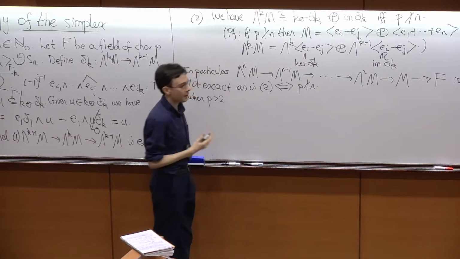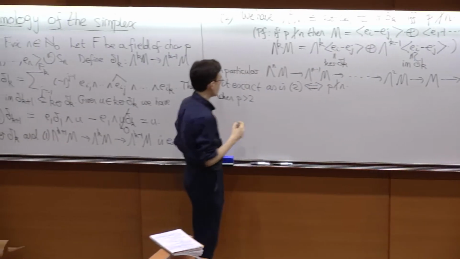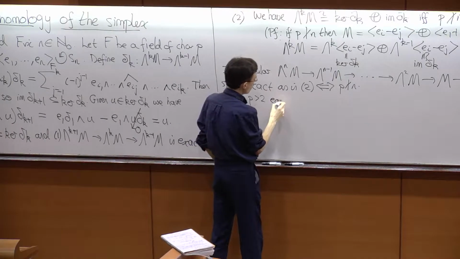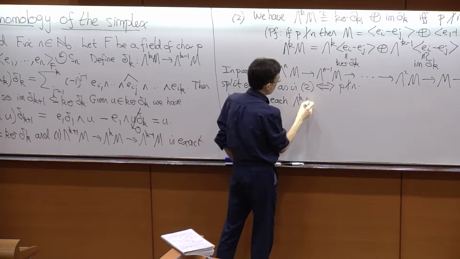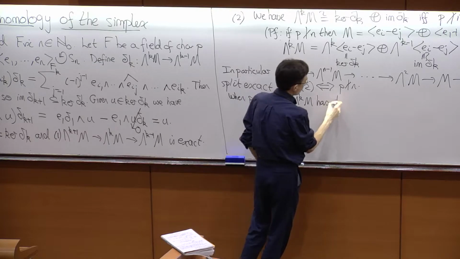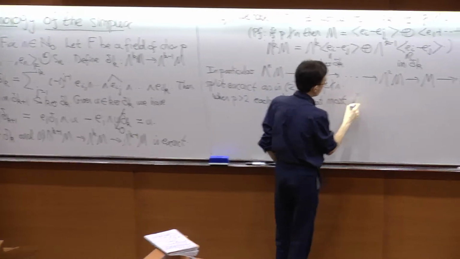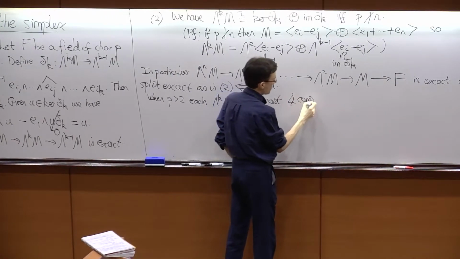And when P divides N, you still have fairly good control. So each wedge Km has at most 4 composition factors, which can be described very explicitly.